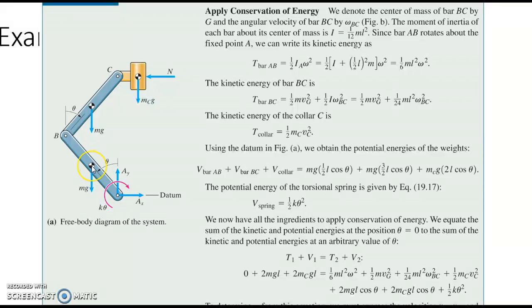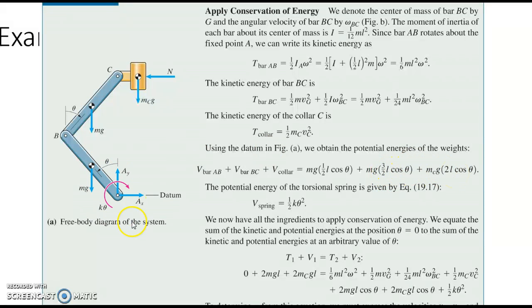If you play with the geometry a little bit, you will see that the vertical distance from the centroid to point A is L over 2 cosine theta. I have L over 2 here, and this is theta here, so the vertical distance here is L over 2 cosine of theta, which is located right there. And we can keep going with the others, and we get very similar expressions.